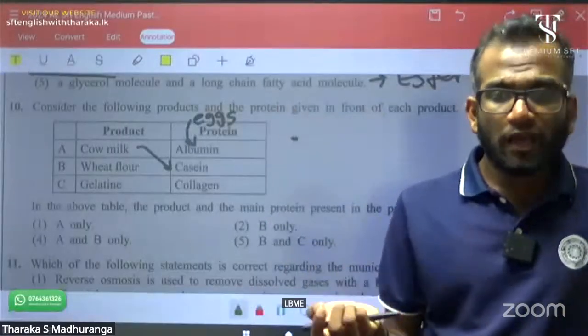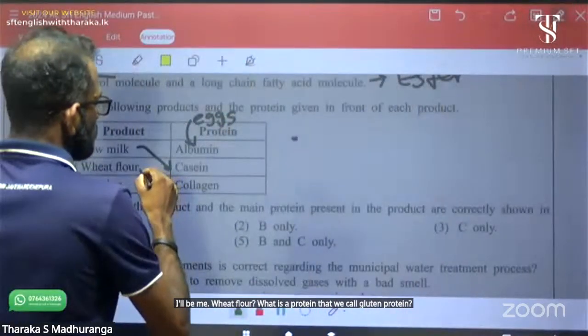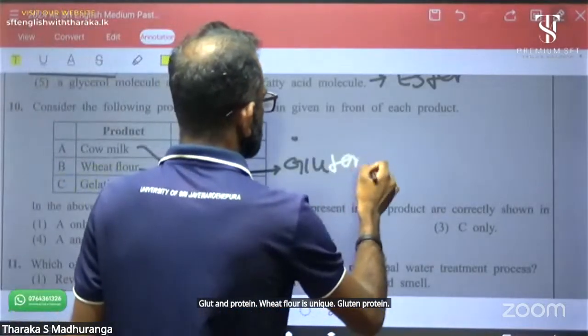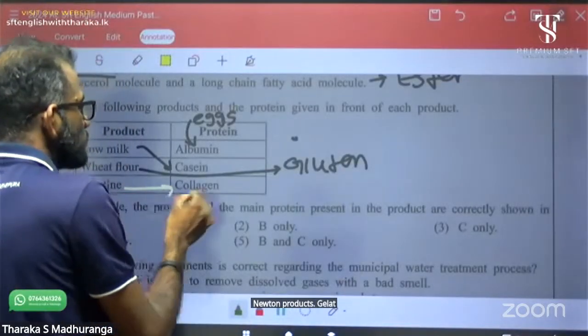Wheat flour, what is the protein? That we call gluten protein. Wheat flour has gluten protein. Gelatin, collagen, it is correct.